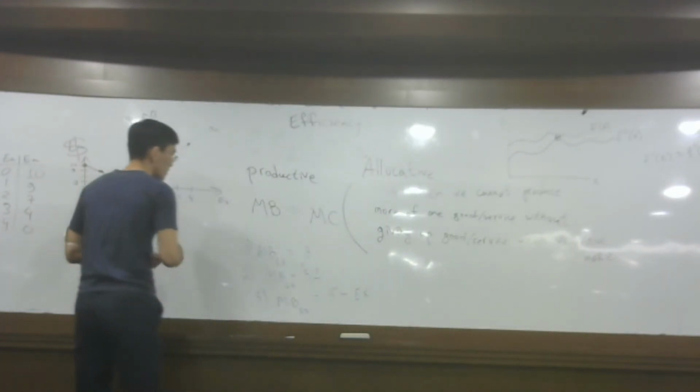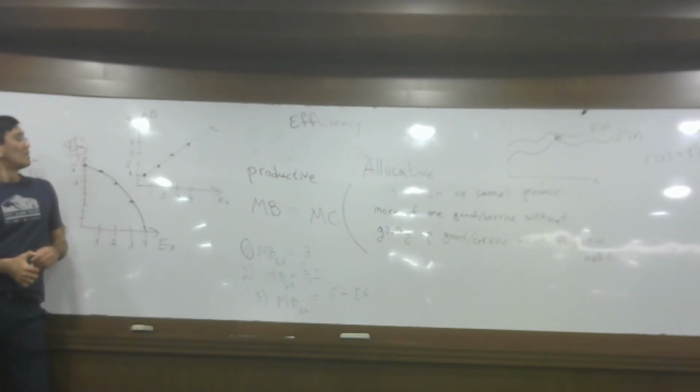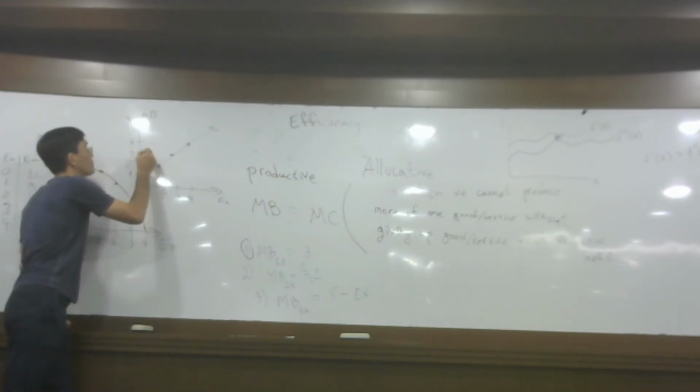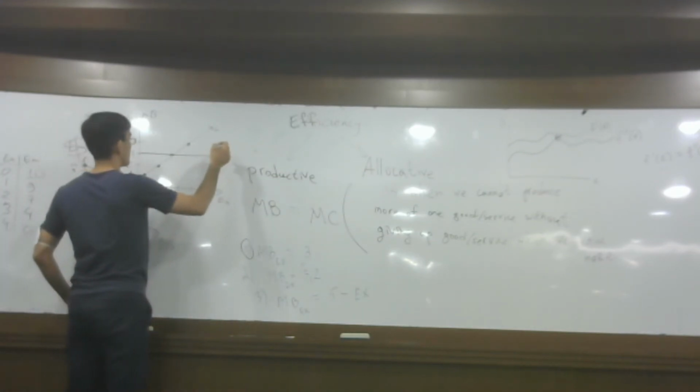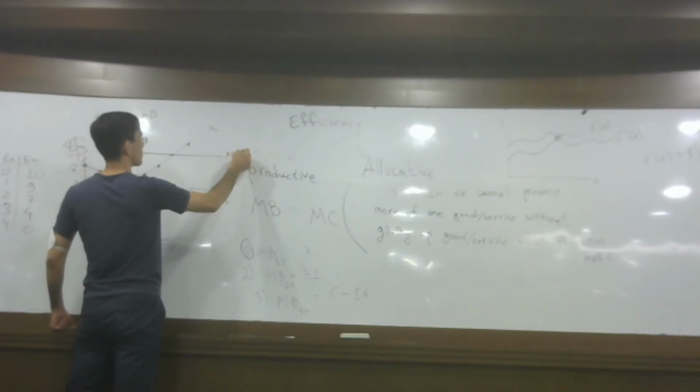So let's put the first one on the chart. A function that is just a number 3. How will it look like? It's a straight line, right? Just a straight line at 3. Just like this, right? So that's marginal benefits of the first guy.